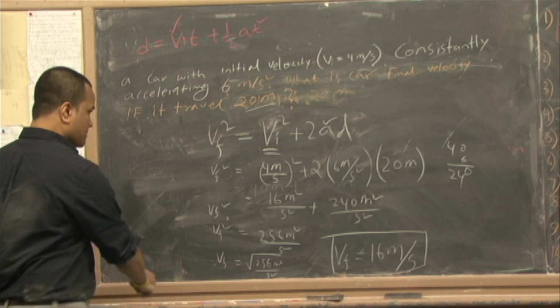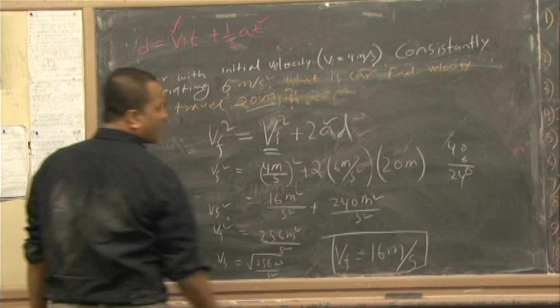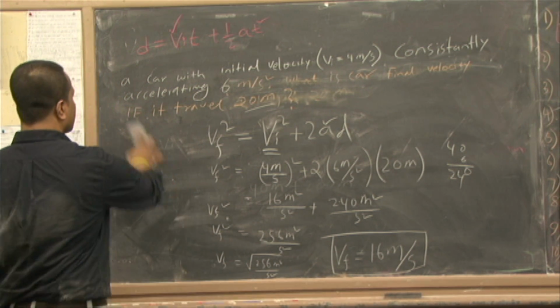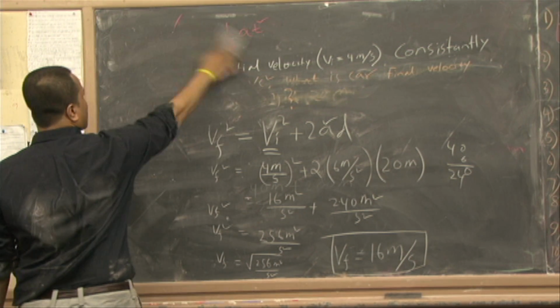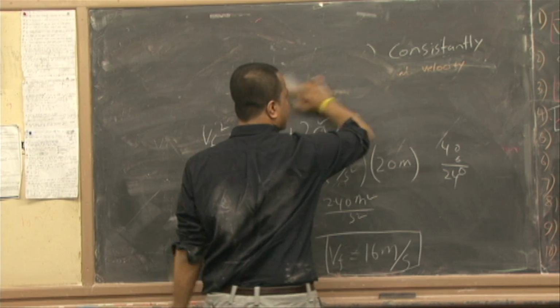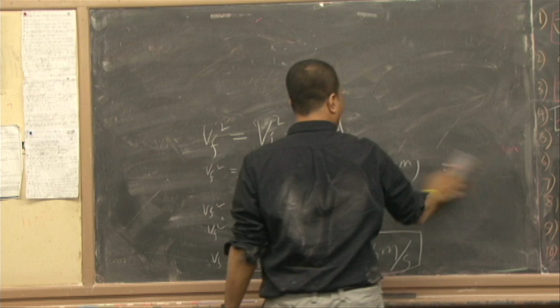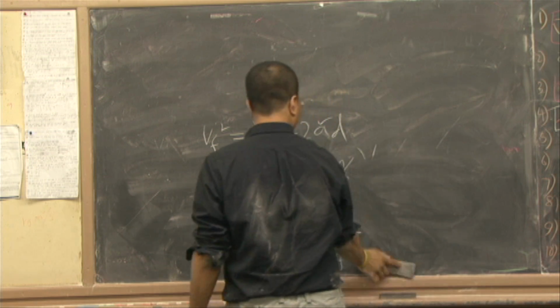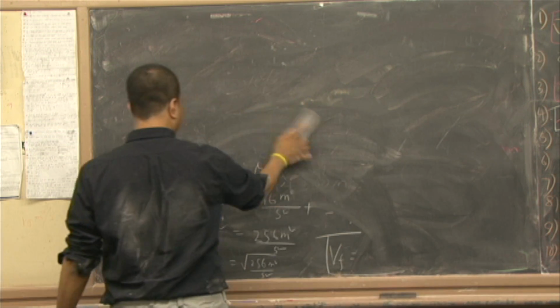Let's use the next one. Of course, I'm going to do a little more difficult problem as well, but let's get the hang of it before solving the difficult one. All right, that's the plan.